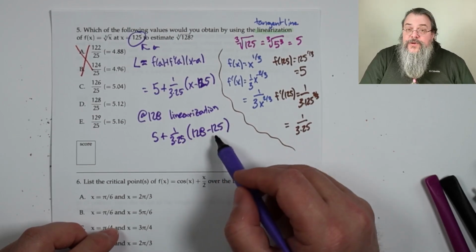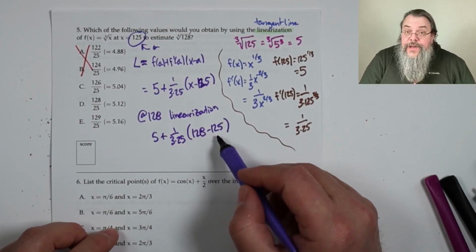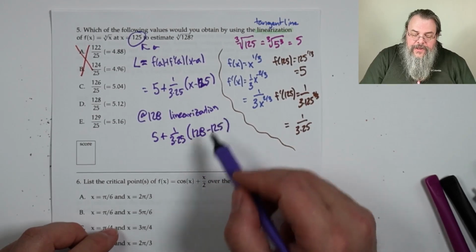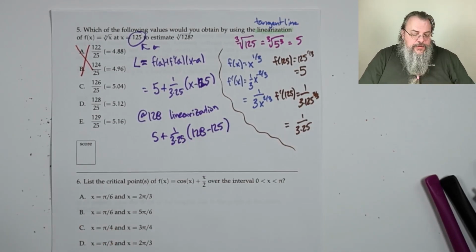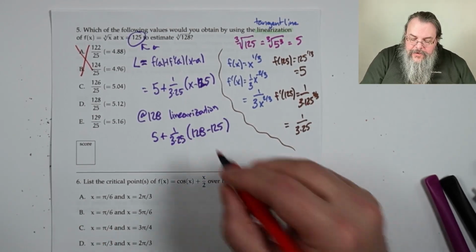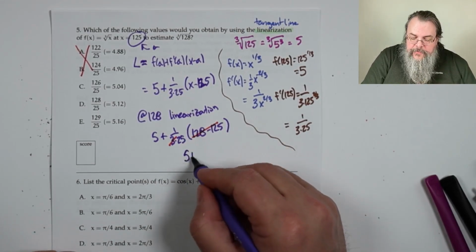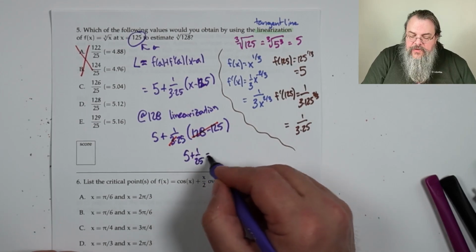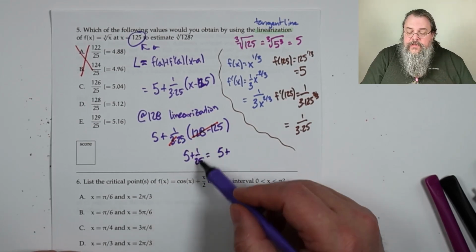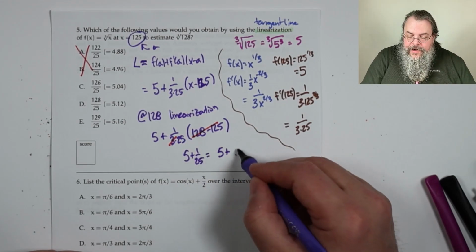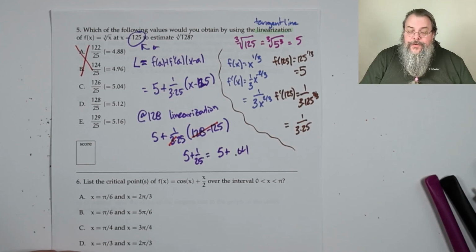Well, 128 minus 125 is 3. And there's a 3. And we're like, whoa, the 3-ness of it all. So that will cancel. So we end up with 5 plus 1 over 25. And if you like decimals, this is the same as 4 over 100, or 0.04. So we're looking for 5.04.